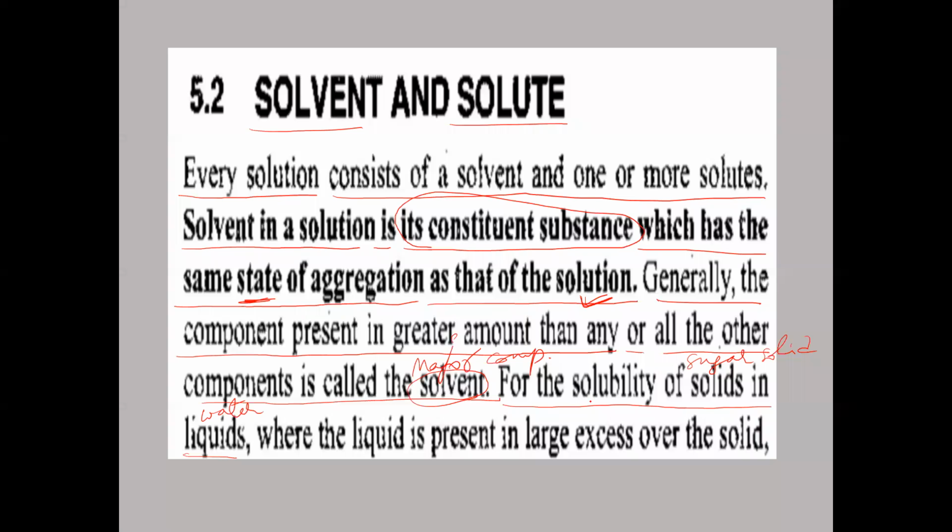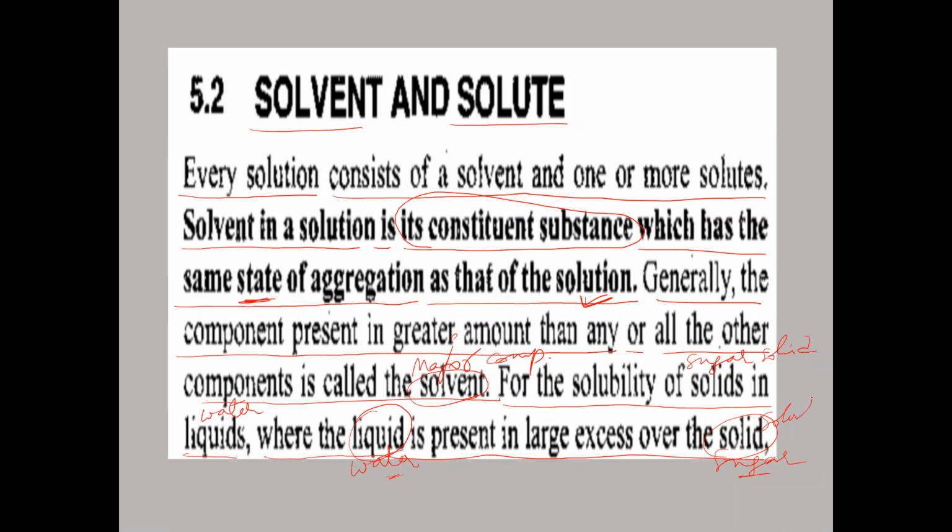In the case of solubility of solids in liquids, the liquid is present in large excess over the solid. The liquid means water here. The water is present in large excess over the solid sugar, so the water will be more in quantity. Is that clear?